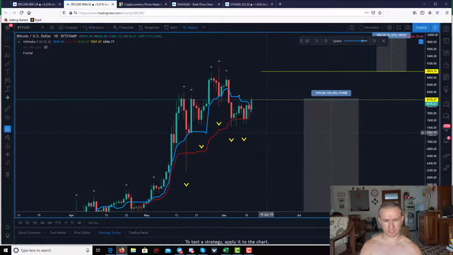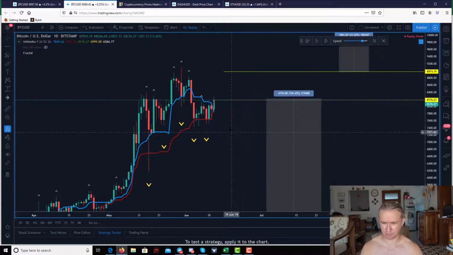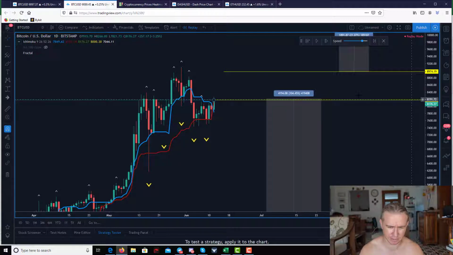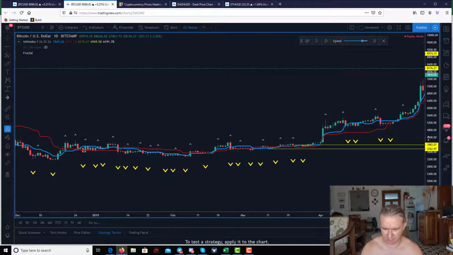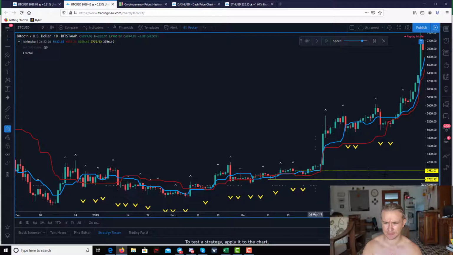So if you were taking profit at the TK cross like I would have, you would have taken profit at this 8,176 because that's where this candle closed on the TK cross. And if you just zoom back, this was the stop loss, which we can confirm price never violated or went below. So it's a profitable trade.